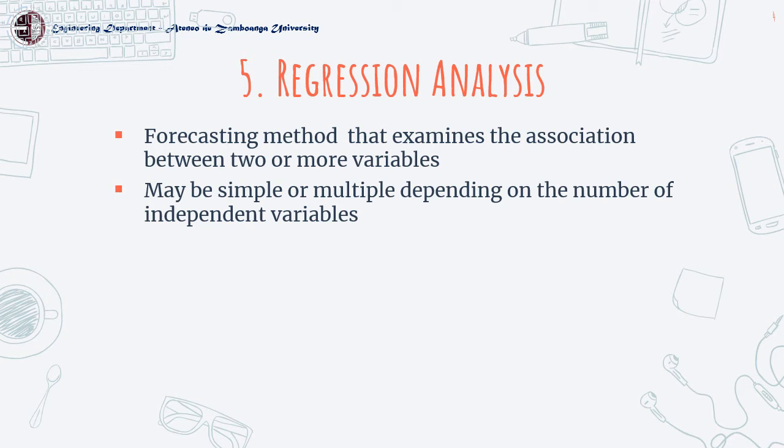If you have one independent variable, it's called simple regression. If you have two or more independent variables, then it is called multiple regression. And regression analysis, as used in forecasting, is also used as a foundation for machine learning, especially for prediction algorithms.